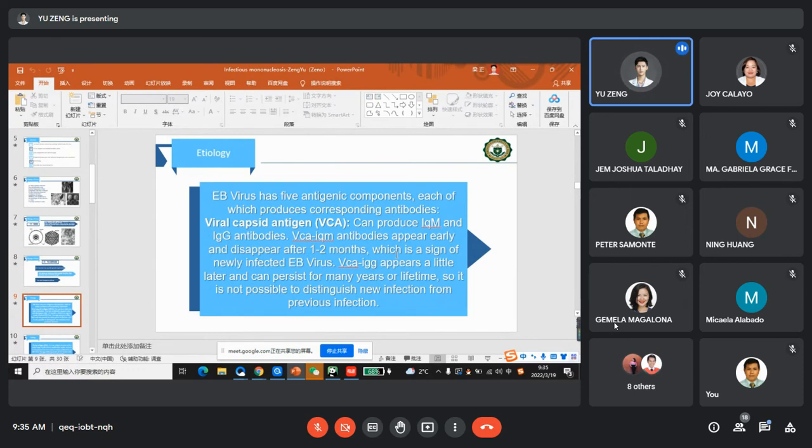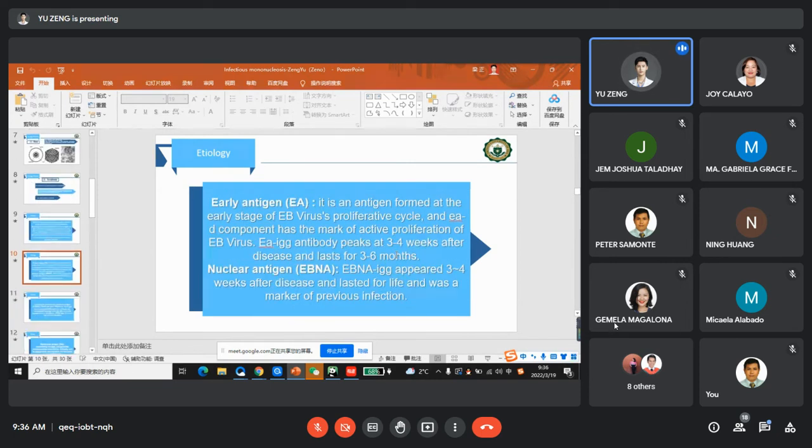VCA IgM antibodies appear early and disappear after 1 to 2 months, which is a sign of early EB virus infection. VCA IgG appears a little later and can persist for many years, or even lifetime. So it is not possible to distinguish new infection from previous infection.